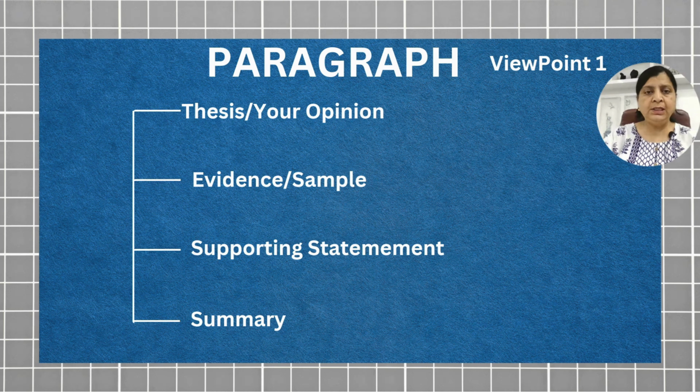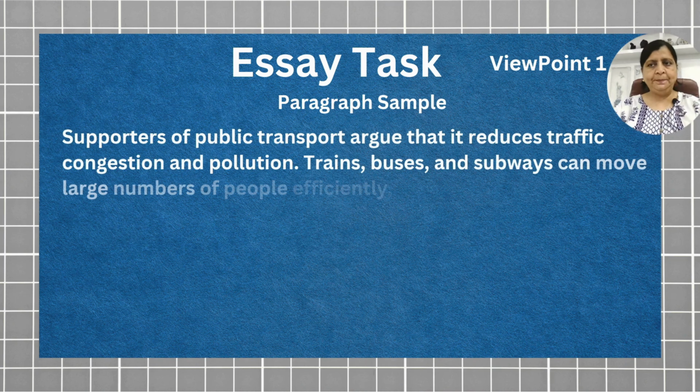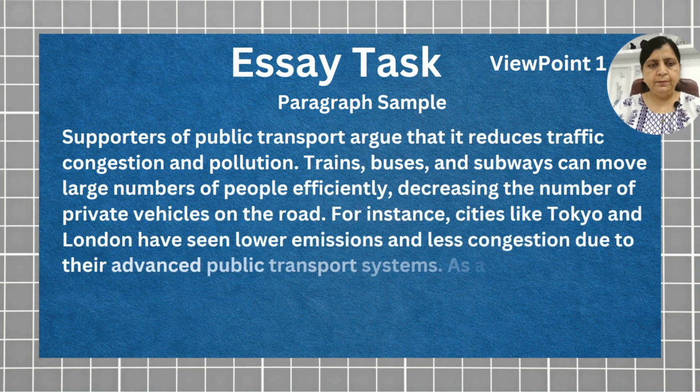And finally, you will summarize the paragraph. Now, let me tell you here that the evidence sample and supporting statement can be switched. You can write your supporting statement right after your thesis, your opinion, and then give the evidence and sample. It's technically right.